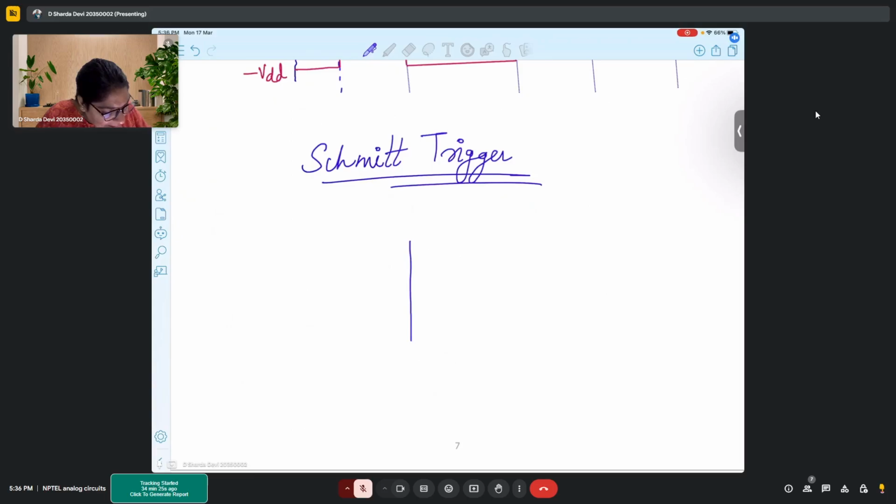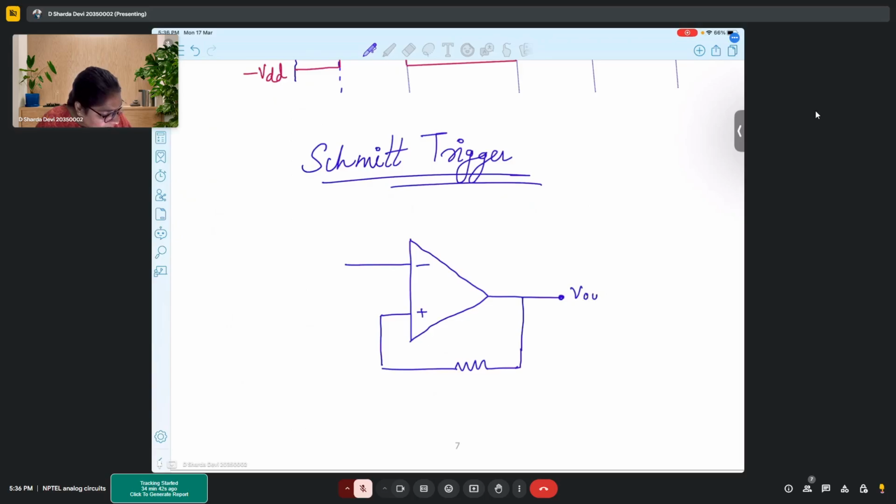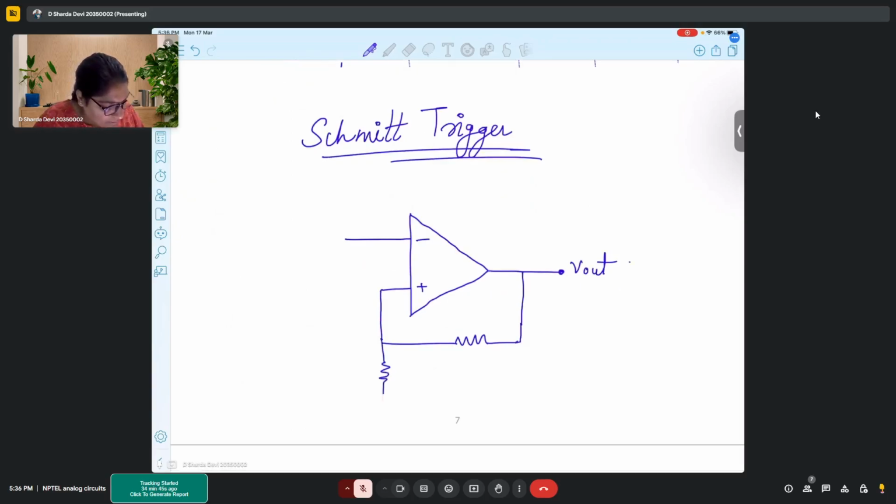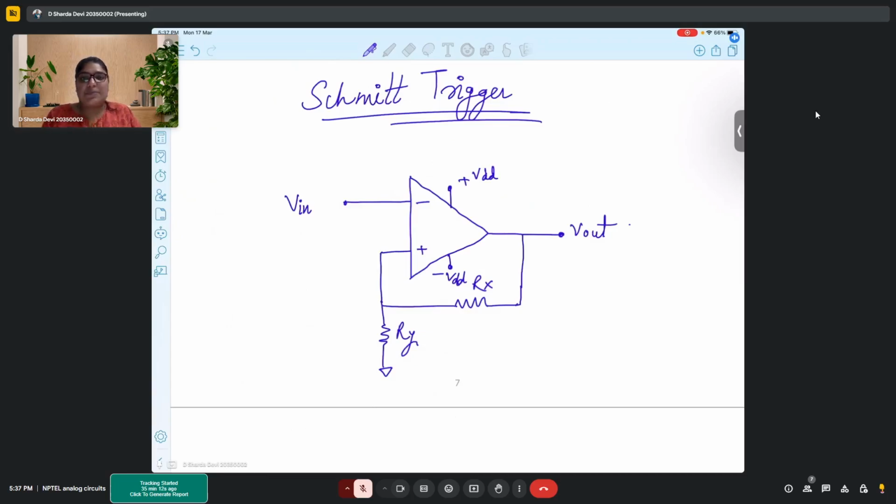If I talk about the circuit, this is a Schmitt trigger.